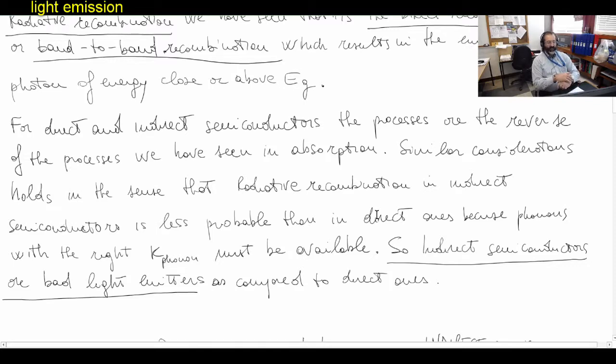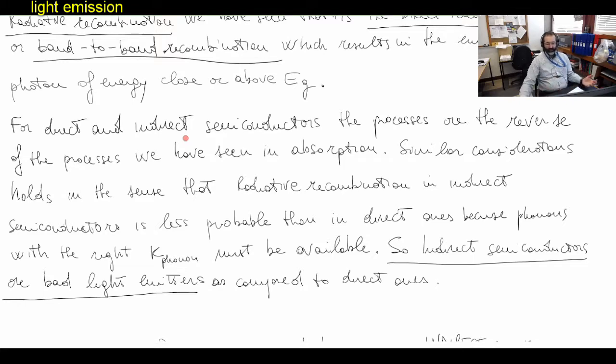The specific processes differ, as we've seen during light absorption yesterday. The specific process depends on whether the semiconductor is direct or indirect. So the processes are exactly the reverse of what we've seen yesterday, and everything we've said holds in the same way.